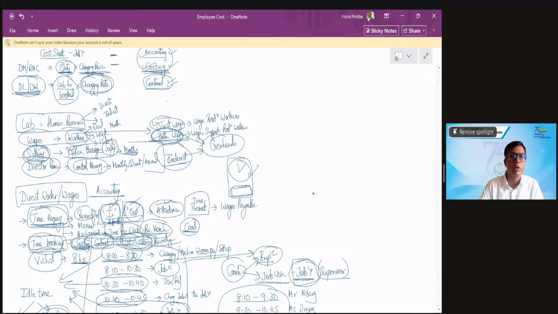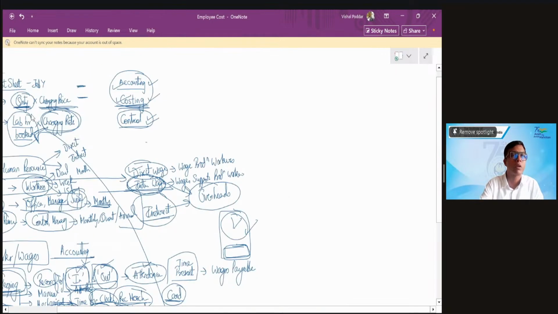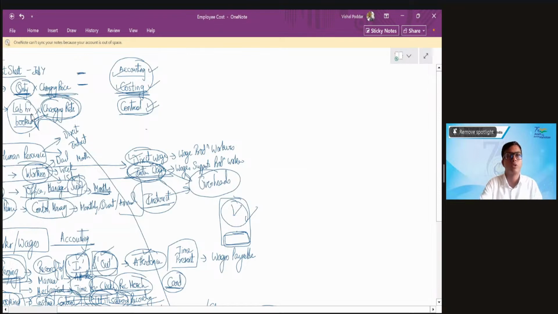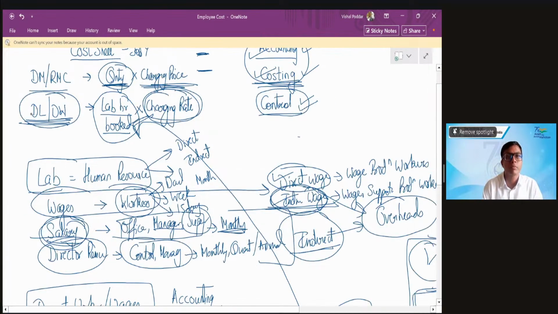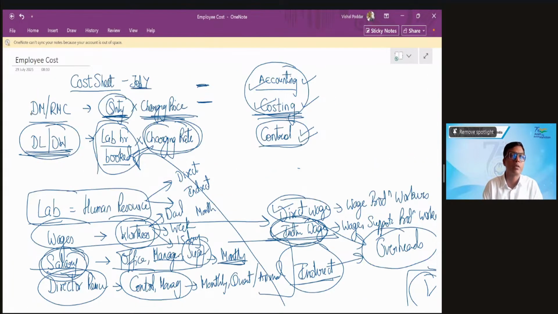Here you require labor hours for all the workers. So from this job card, you will get different workers' time which has been worked on this particular job, job Y. Then using that data and multiplying it by the charging rate, you will get the labor cost of that particular job.